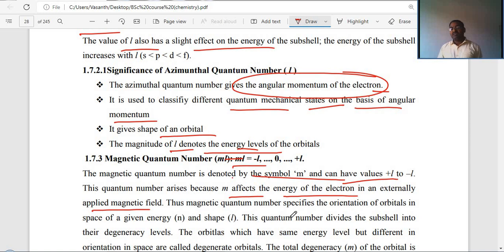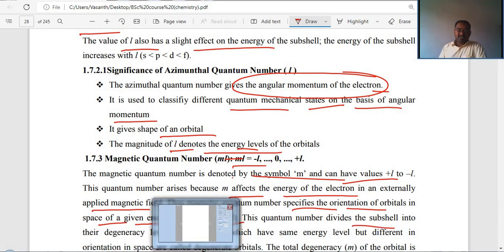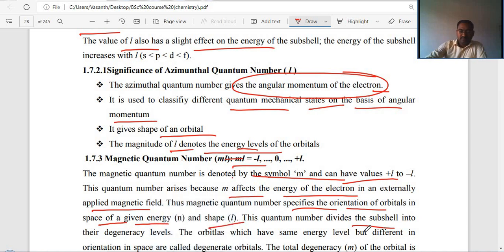Thus, the magnetic quantum number specifies the orientation of orbitals in space of a given energy and shape L. This quantum number divides the subshells into their degeneracy levels.